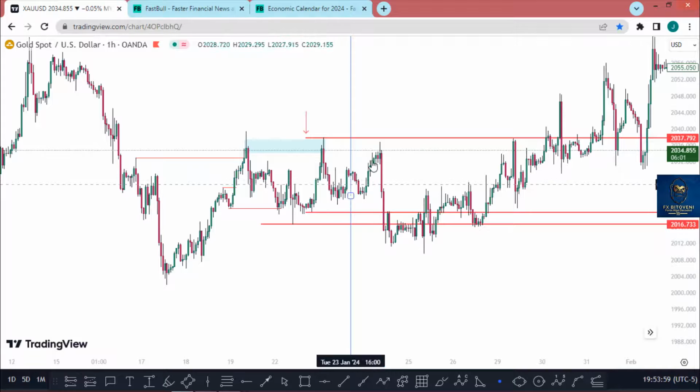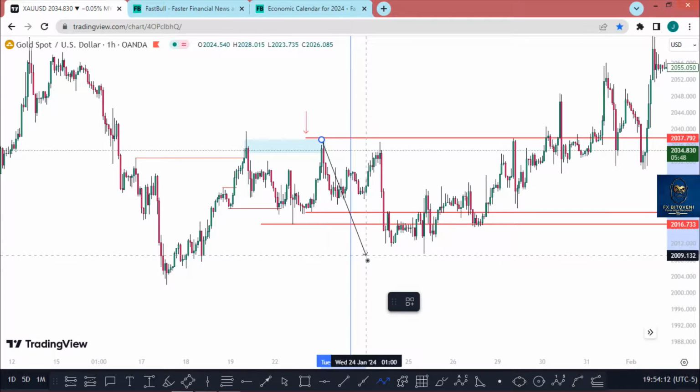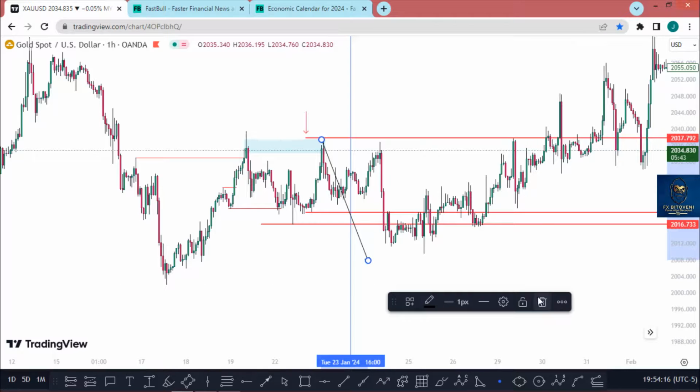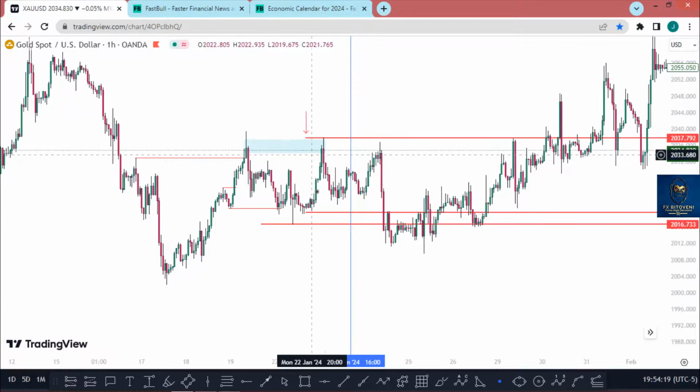Then since a new candle starts without creating a new true range, this means market ended with a continuation of what? Of this move. The true move was here. This was kind of a re-entry. That's what I was trying to explain.